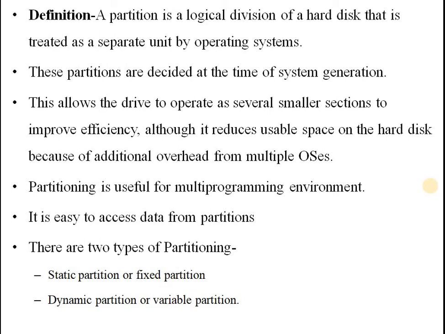These partitions are decided at the time of system generation. Once these partitions are decided, they cannot be changed. It's permanent. System generation is a process of specifying various requirements of the operating system. So there are two types of partitioning, that is static partitioning or fixed partitioning, and second, dynamic partitioning or variable partitioning.